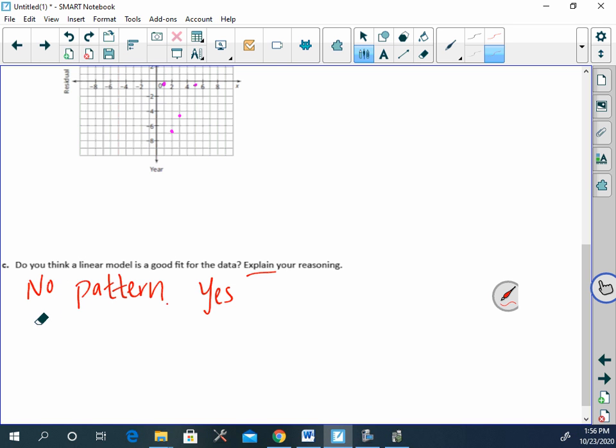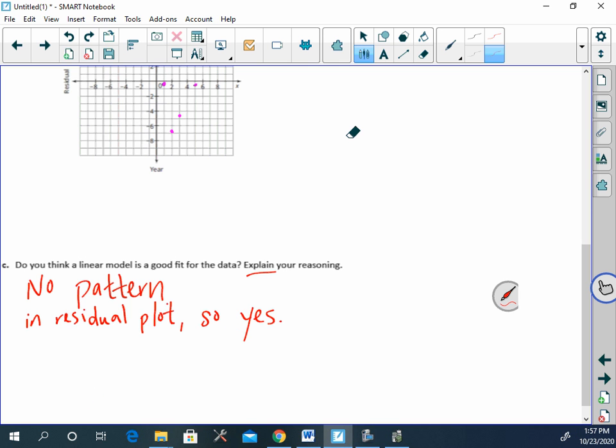So no pattern in residual plot. You could say yes because there's no pattern in the residual plot. So no pattern would be a yes. If there is a pattern, that's when it's a no.